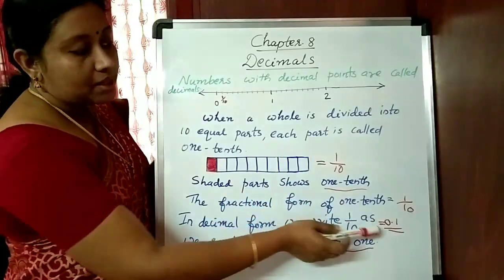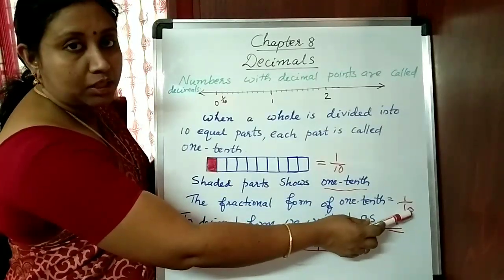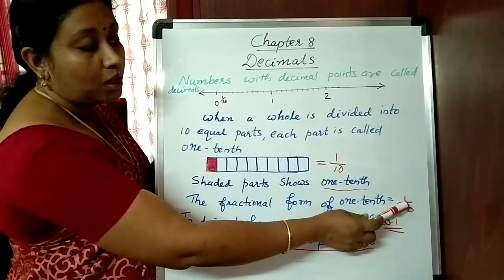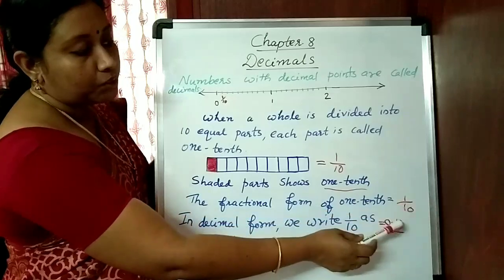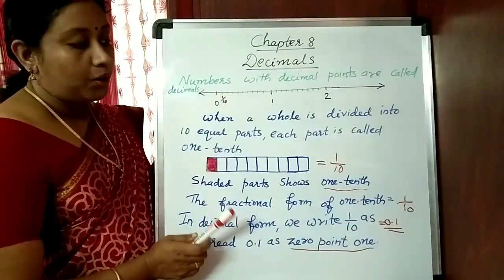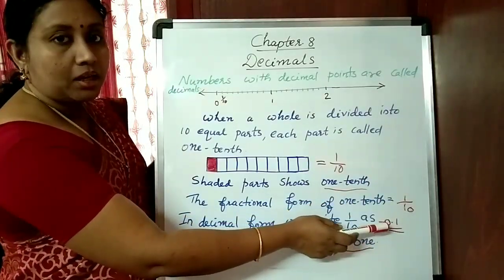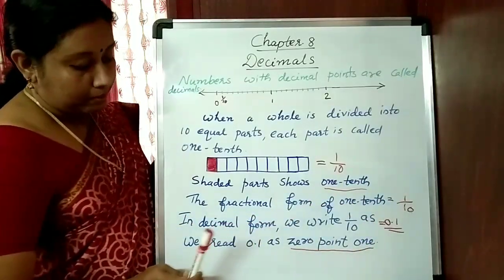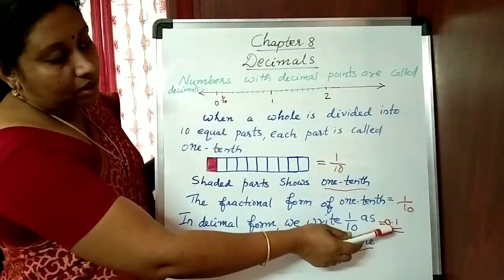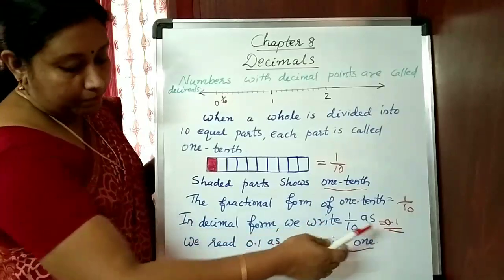You just write the numerator, then you count in denominator how many zeros? Only 1 zero. So starting from the right side, after one digit you put one dot. This way you convert fractional numbers into decimal numbers. This 0.1, how will you read this one?